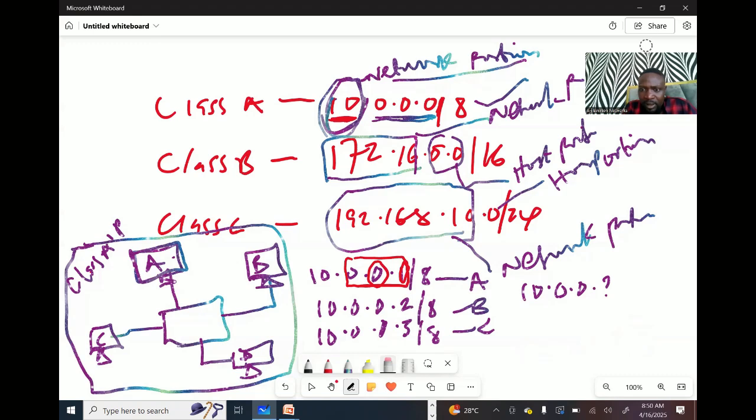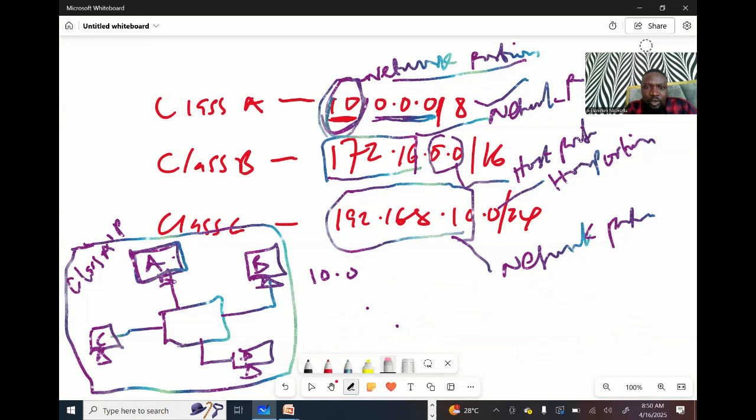So now let's use the same example for class B. Let's assume this same network is using a class B IP address this time around.